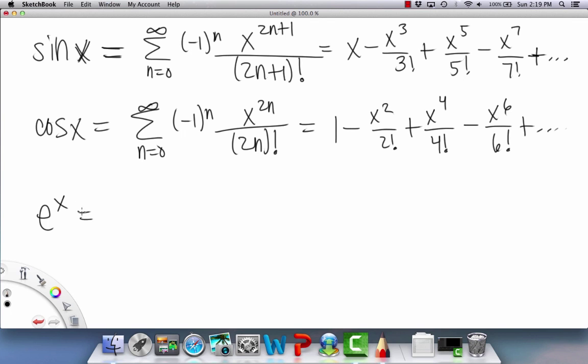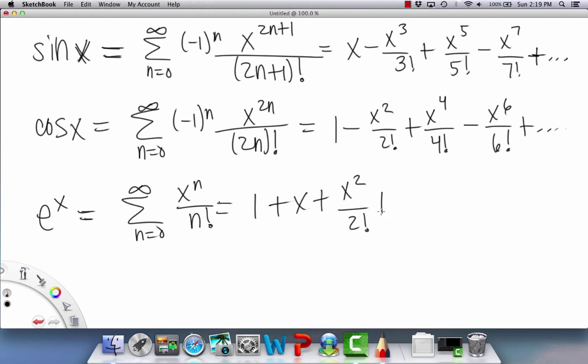I think I did this on a previous slide too, but I'll write it anyways. This can be represented by a Taylor series of x to the n over n factorial. This is going to be 1 plus x plus x squared over 2 factorial plus x to the 3rd over 3 factorial, and so on and so forth.